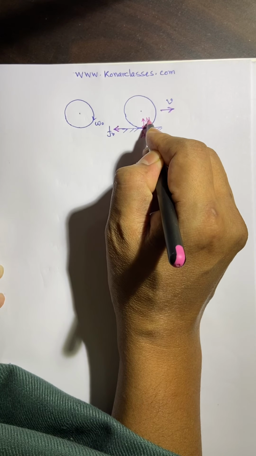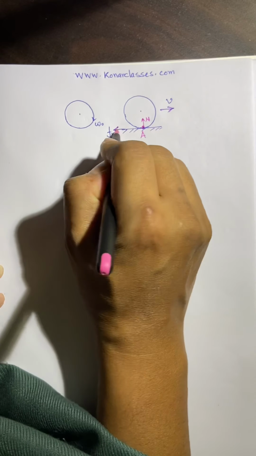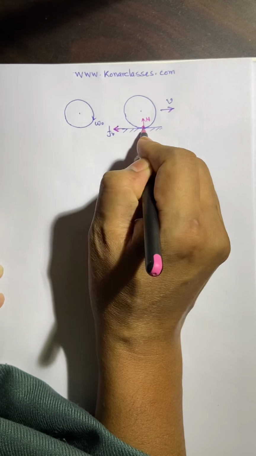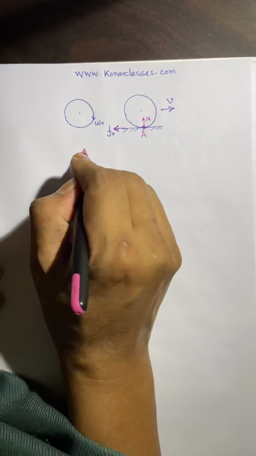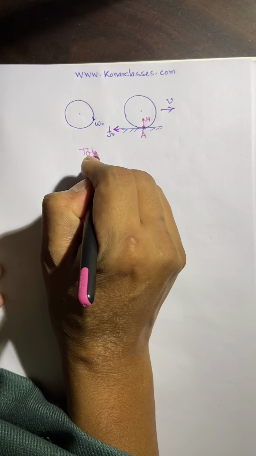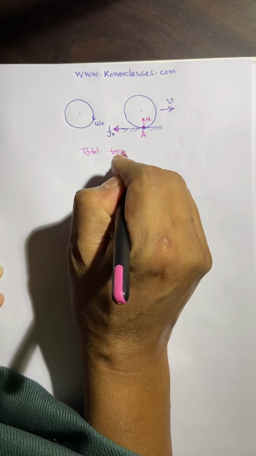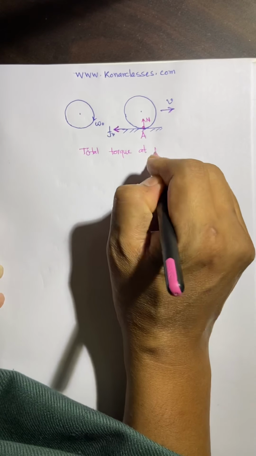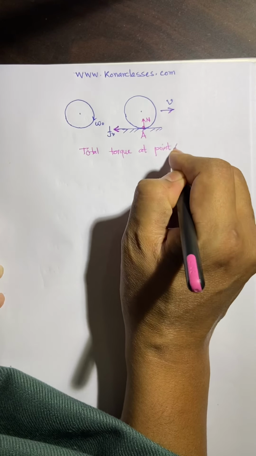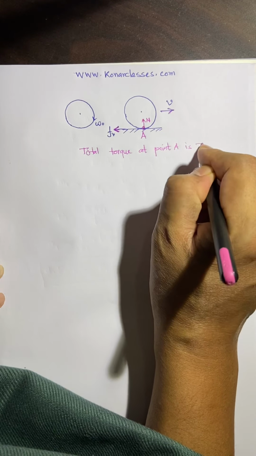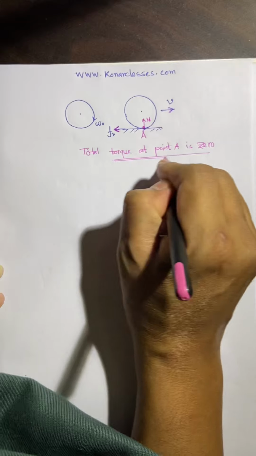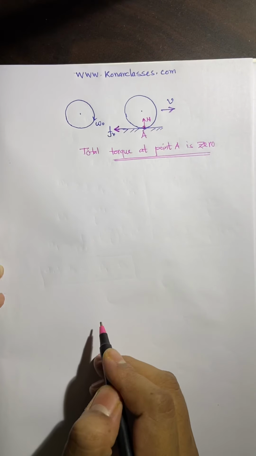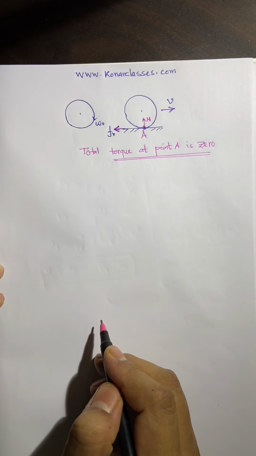So this torque will balance the frictional torque, and therefore the total torque at point A is 0. So this is the main concept here. The total torque at point A is 0.